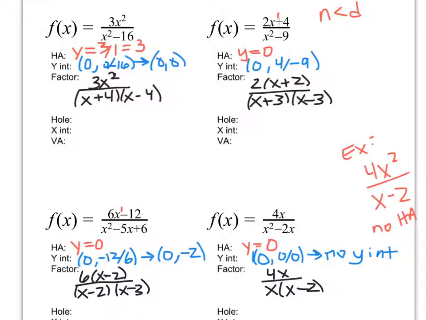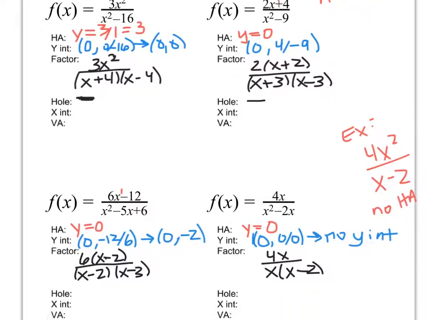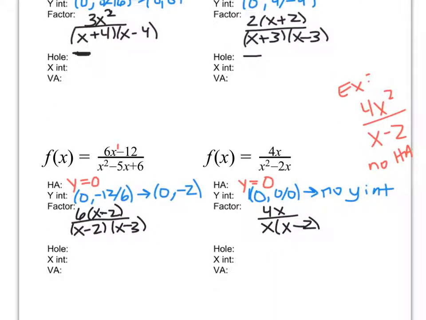All right, so let's look for holes. Holes mean that we have the same factor in the top and the bottom. So this first one, I don't have a hole. No hole. The next one, no hole. If we go to the bottom row, I do have some holes. So I notice that I have the same factor, x minus 2, x minus 2. That means that my hole has an x value of 2, because 2 minus 2 is going to make that factor 0.